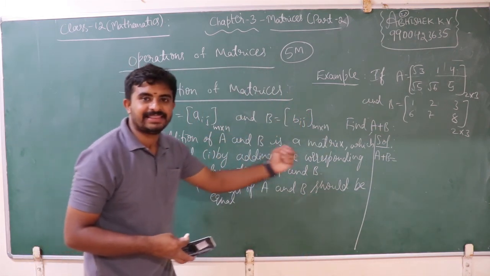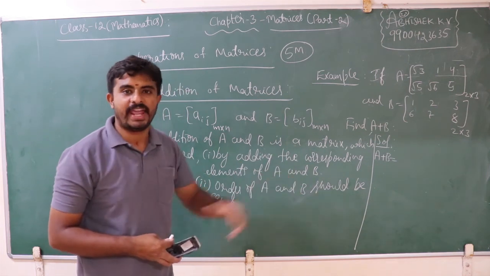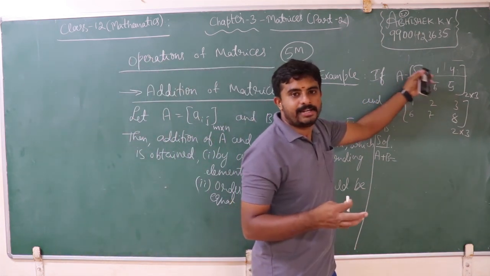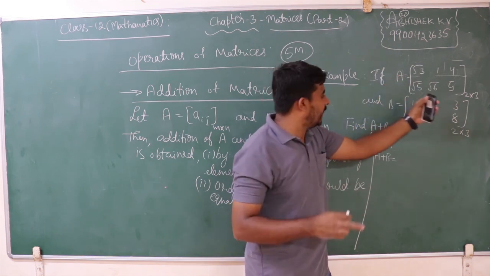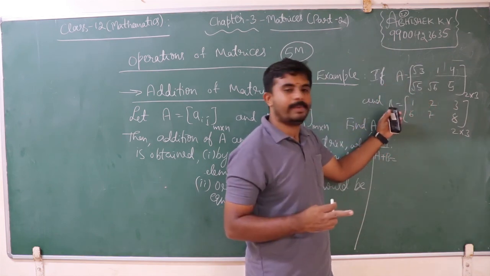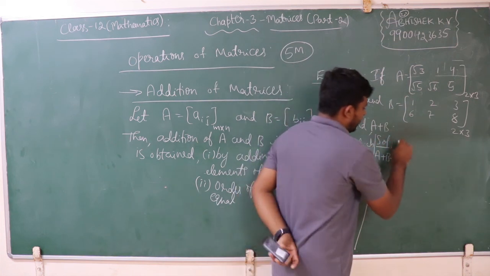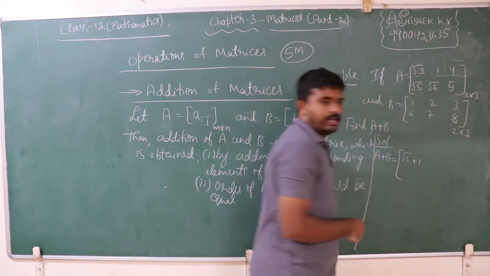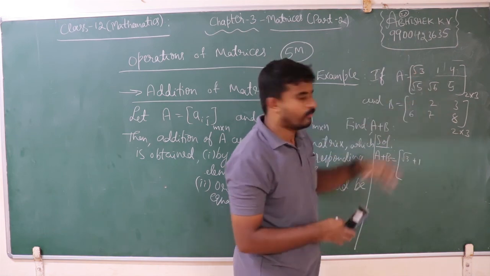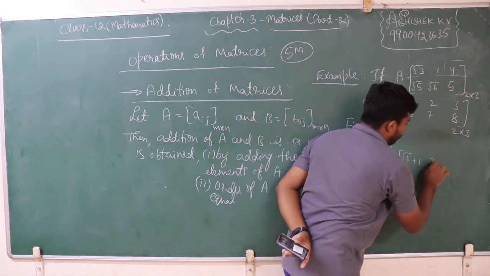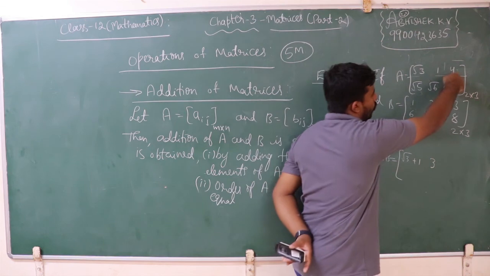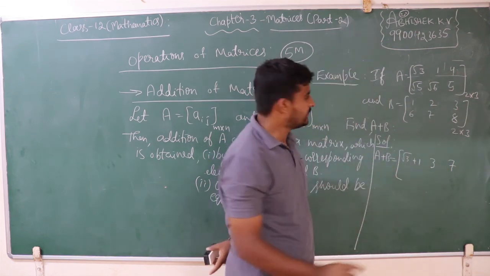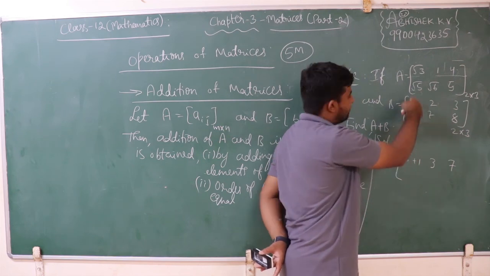How? By adding the corresponding elements of A and B. See, the first row, first column element of A should be added with the first row, first column element of B. Therefore, A plus B is equal to root 3 plus 1, then 1 plus 2, 3, 4 plus 3, 7, root 5 plus 6.